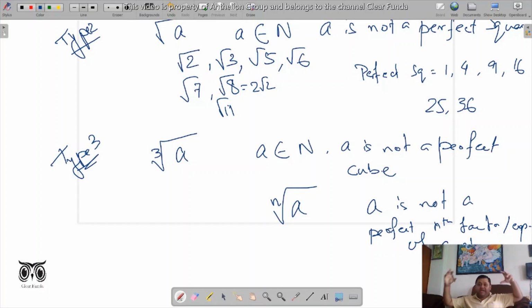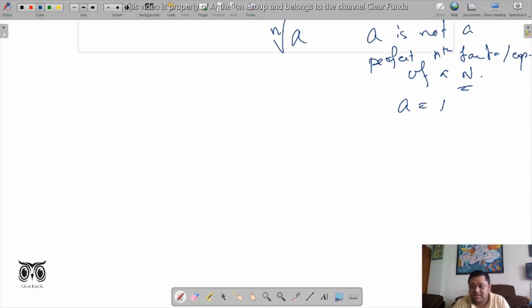So अगर क्यूब रूट है तो परफेक्ट क्यूब नहीं होगा, मान लो फोर्थ रूट है तो परफेक्ट फोर्थ पावर नहीं होगा. A to the power 4 means A is not exactly some natural number B to the power n.